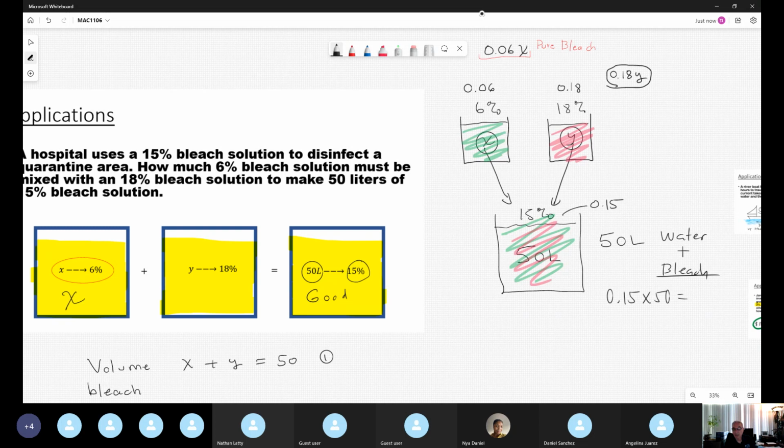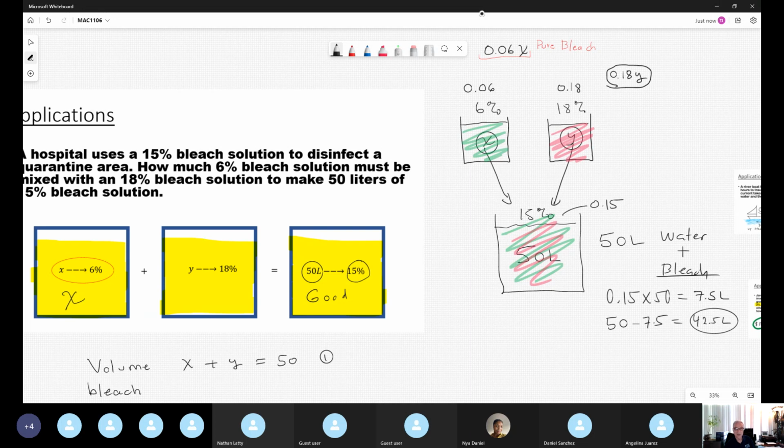It's 7.5. 7.5 liters represents the volume of the bleach inside this container. By the way, what about the water? Well, the water is 50 minus this. 50 minus 7.5 is 42.5 liters. This is the water, but I don't care about the water. I care about the bleach because my equation is bleach.